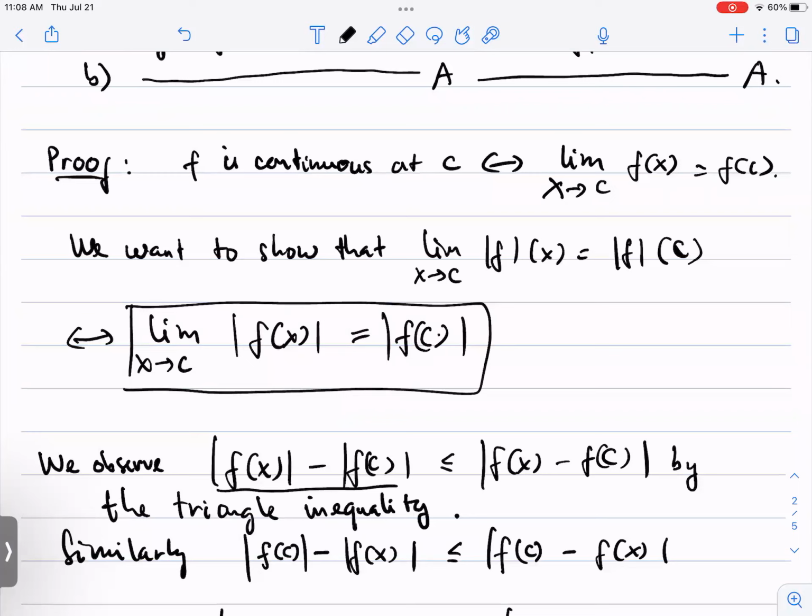Then, using the triangle inequality, we can relate the estimate about the absolute value with the estimate of the function. That's why the construction of epsilon delta neighborhoods earlier will verify the definition of continuity for the absolute value function.